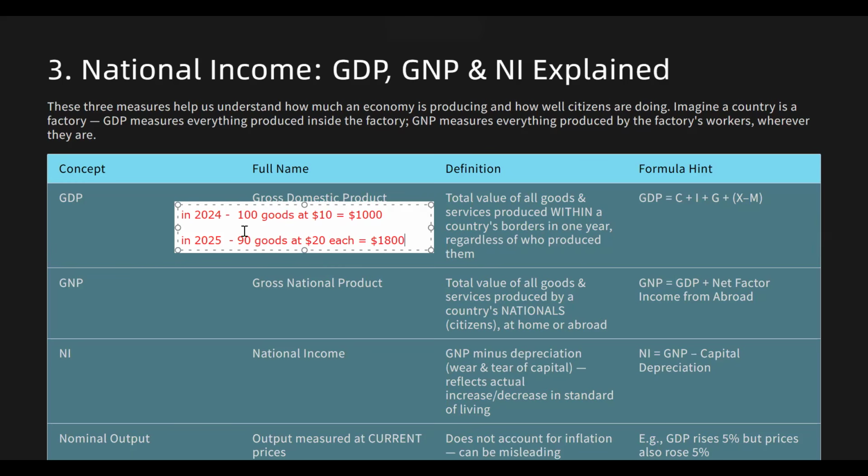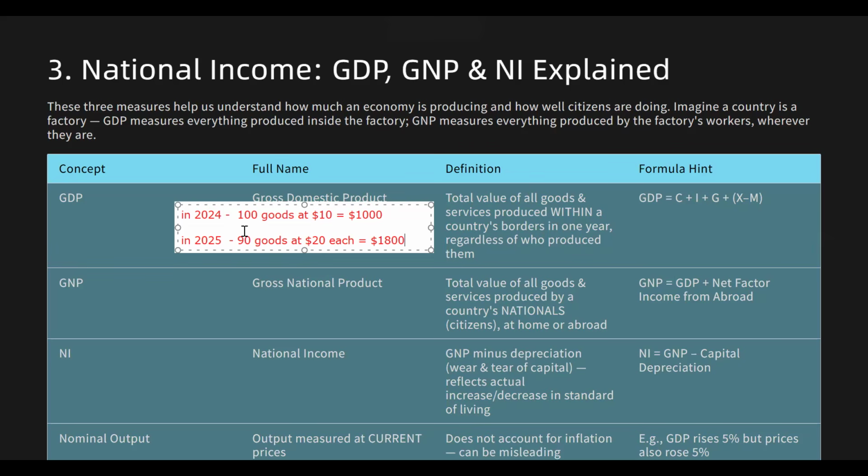But did I produce more goods? No, I did not. I produced 90, and in 2024, I produced 100. That is what happens if I use nominal output, the output using the current prices. What I need to do if I'm comparing, I need to use the same price for both years.